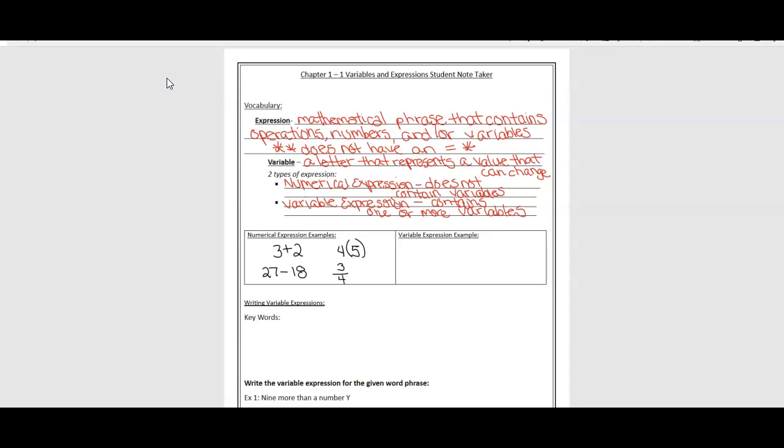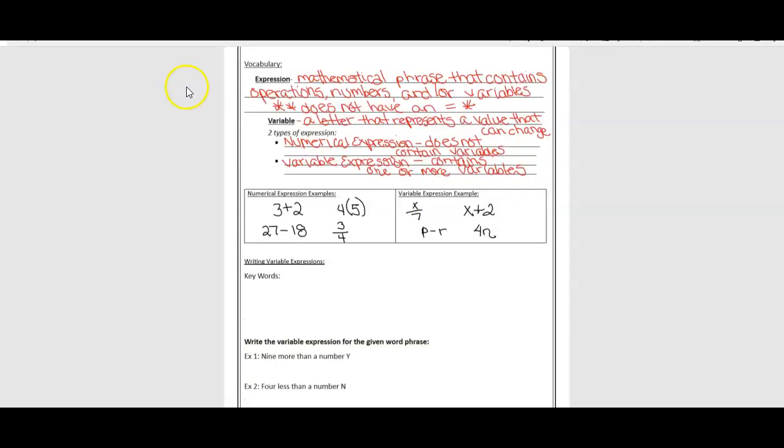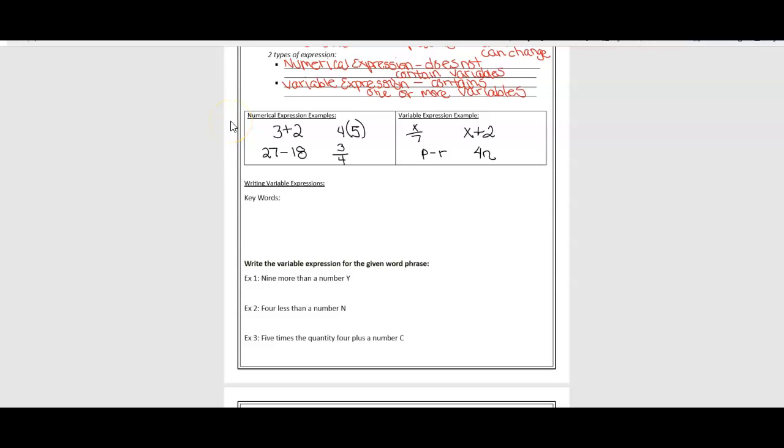In a variable expression, you can have x divided by 7, and x can be anything, right? It can represent a value that can change. X plus 2, again, x can be anything. P minus r, 4 times n. So anytime you have a variable, it can represent a value that can change.